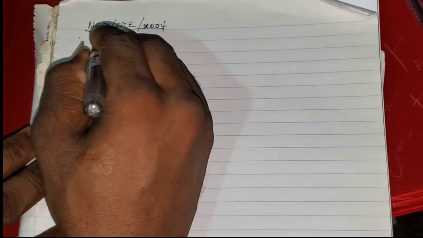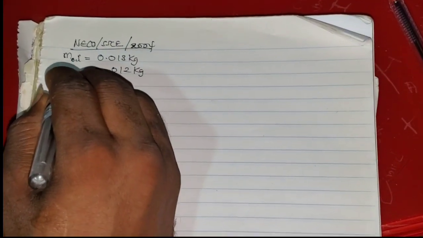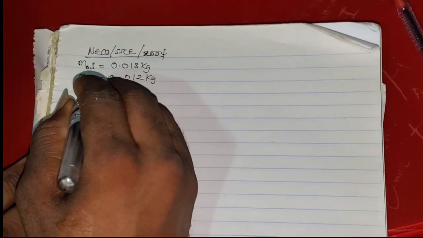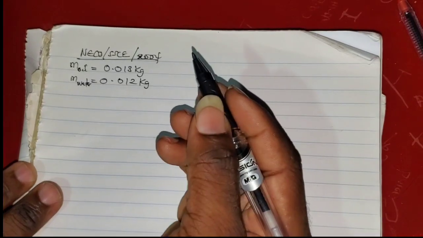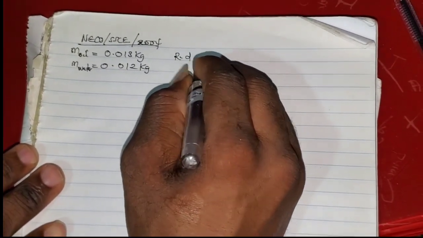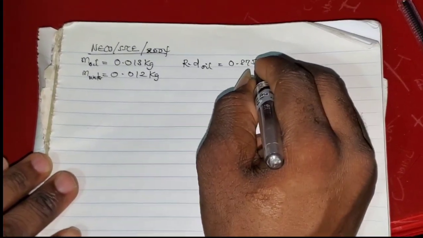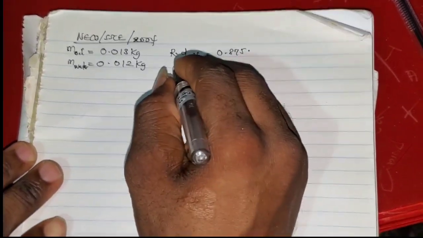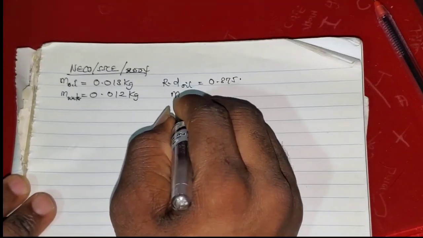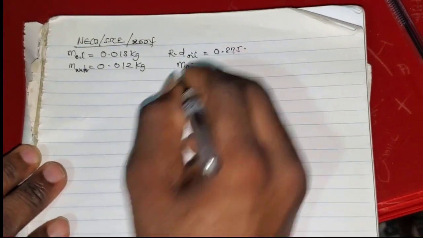That means this is the mass in oil and this is the mass in water respectively. If the relative density of the oil equals 0.875, calculate the mass of the body, that's the mass of the body itself, the mass in air.